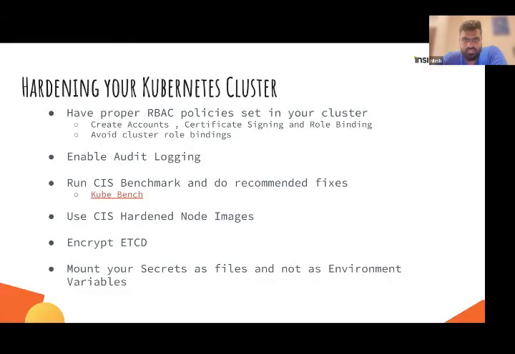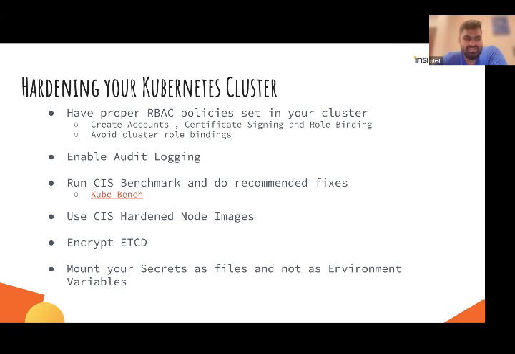So let's talk about the infra level, what you can do at a cluster level. The first one, obviously, is that you can add RBAC policies to your cluster, create accounts, certificates, role bindings, and all of it. I've seen in many companies, I'm not going to name names here, they have a single Kubernetes kubeconfig which they share with all the developers, who can easily log into the cluster.